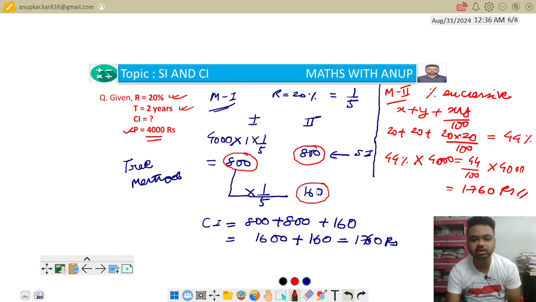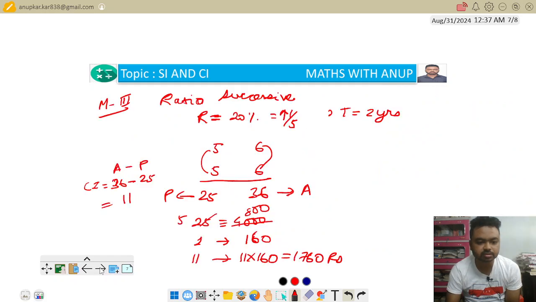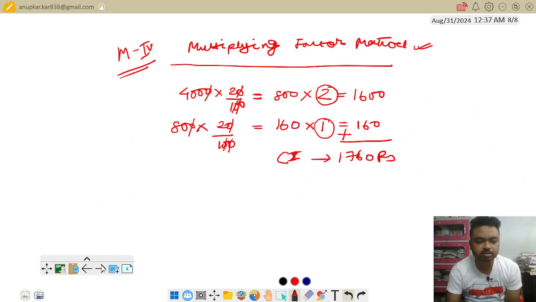From here this formula is derived. For 2 years multiply 2 times, then multiply once. Okay, I hope it is clear. I hope all the methods are clear. So this is my final compound interest.